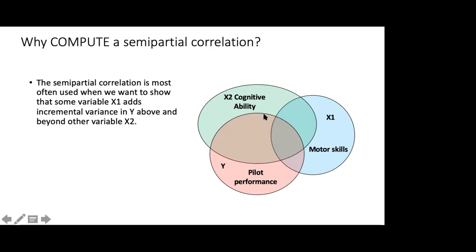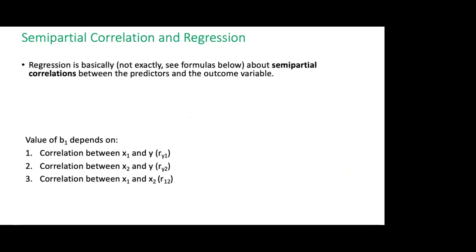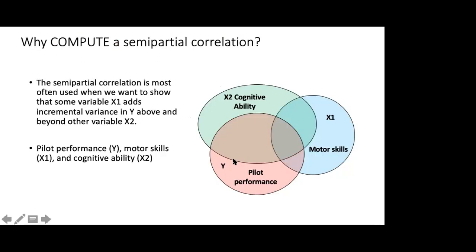And we want to know whether there is some unique relationship between motor skills and pilot performance that is not already explained by the relationship between cognitive abilities and pilot performance.